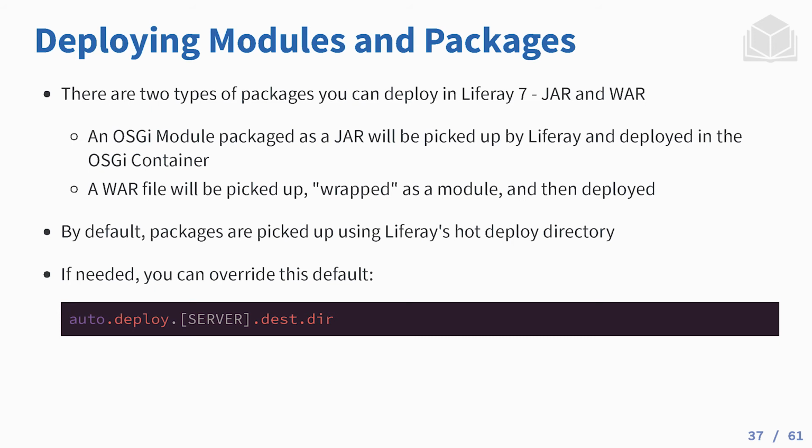This is no longer true since 7.0, so DXP 7.0, DXP 7.1, they do not deploy a WAR file to the application server anymore. However, what they do is they will wrap the web application into Liferay's own OSGi container, make an OSGi component out of it, and deploy it to the OSGi runtime system.